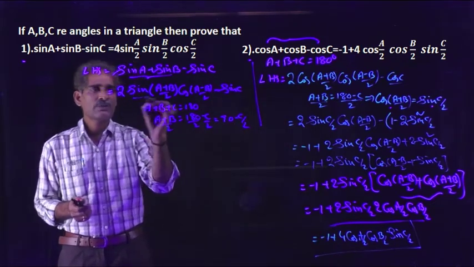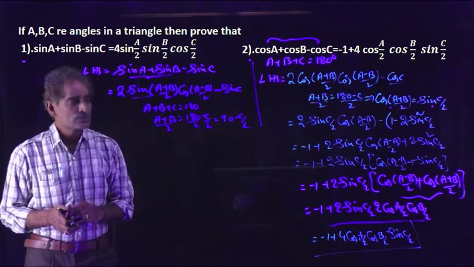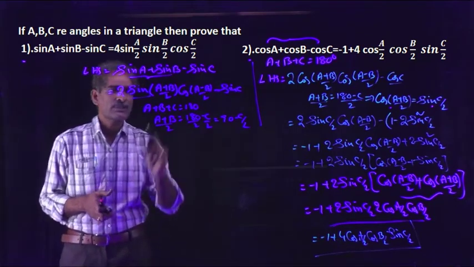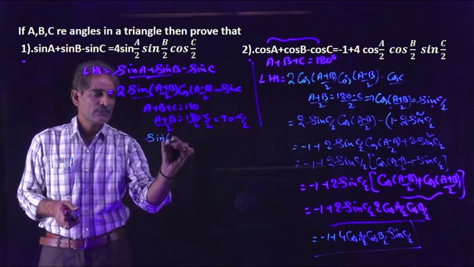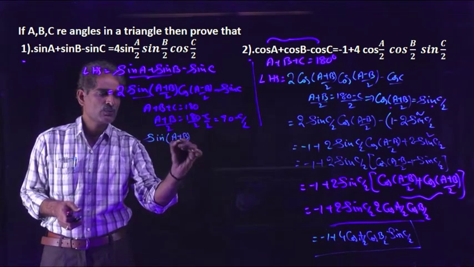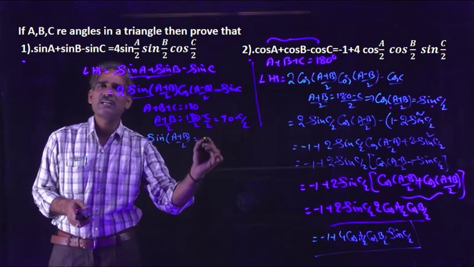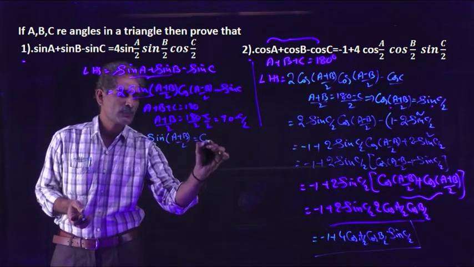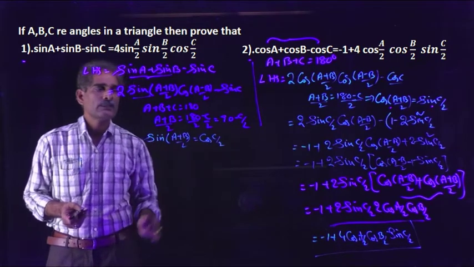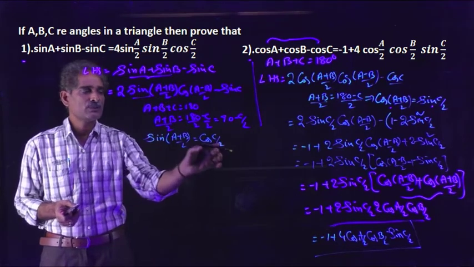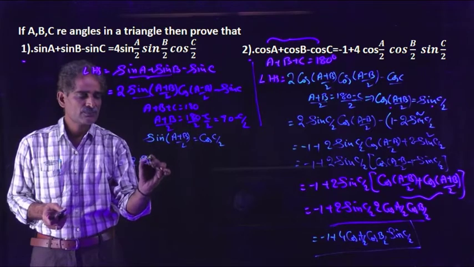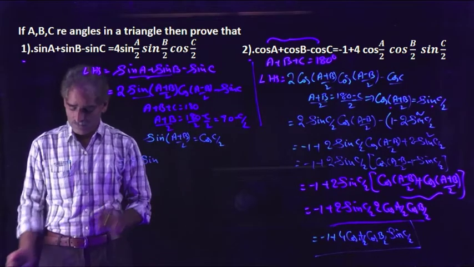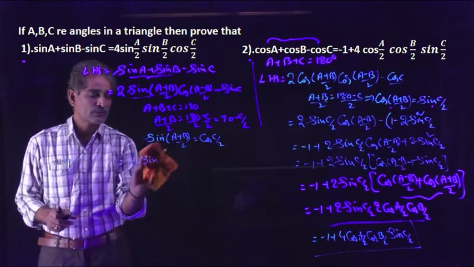Now we want to find sin of (A+B)/2. For that, just apply: sin of (A+B)/2 is equal to sin(90 minus C/2), which is cos(C/2). Just replace sin of (A+B)/2 by cos(C/2). So 2 sin((A+B)/2) equals 2 cos(C/2).